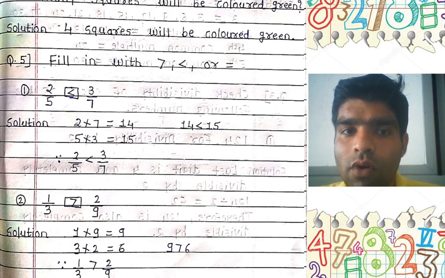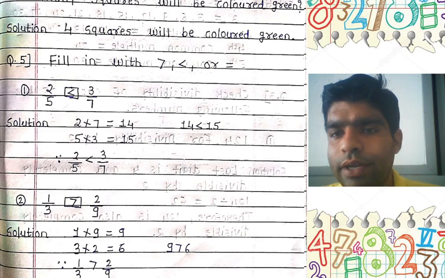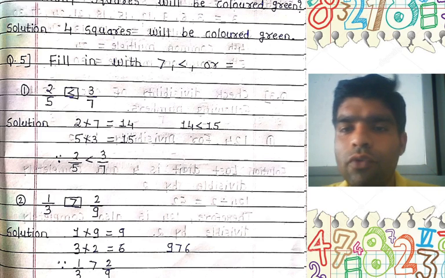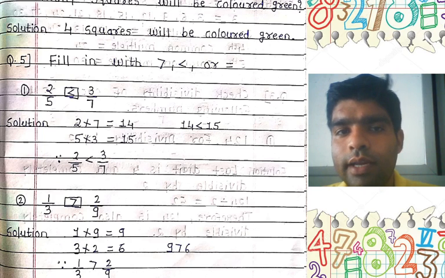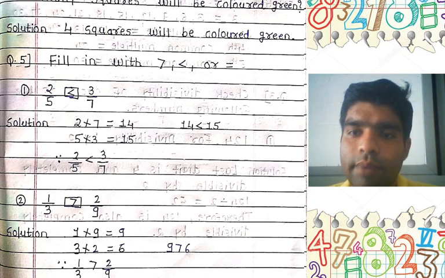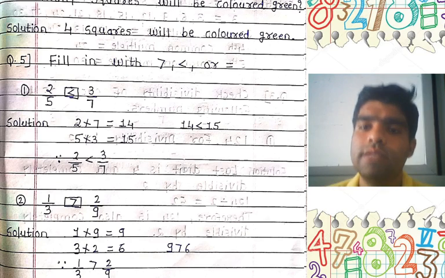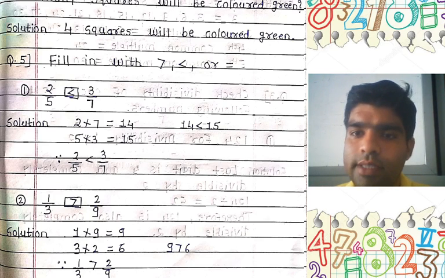Why? Because all the numerators and denominators are different. Otherwise, if the denominators are the same or the numerators are the same, you can also find it very easily. But since they are all different, cross multiplication is the best method.